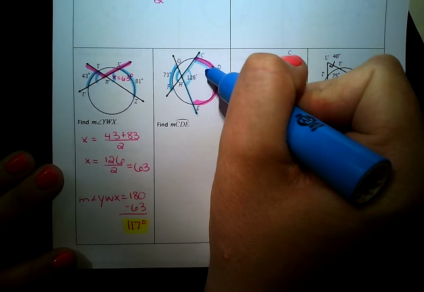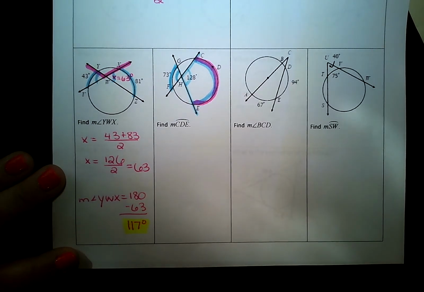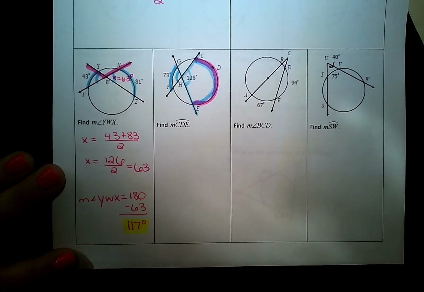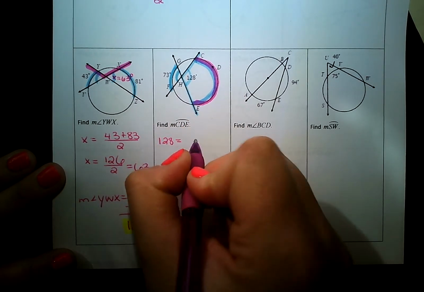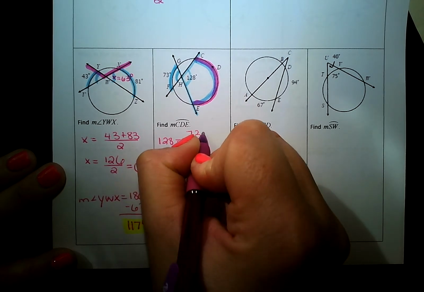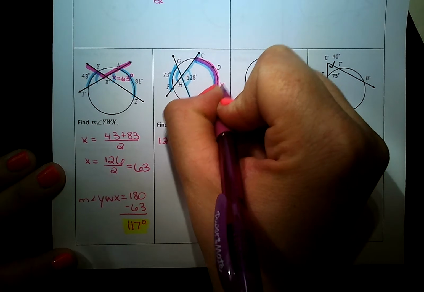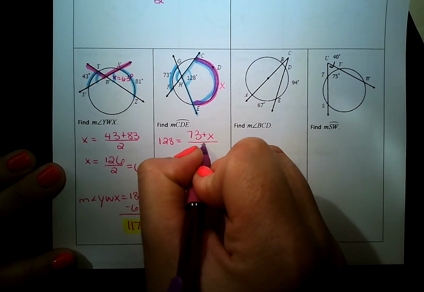So all the parts of what I need are highlighted in blue. Let's put together this formula. The angle that's 128 degrees is equal to the sum of the two arcs. Now I know one of the arcs is 73 degrees, and I'm trying to find the measure of the second arc, divided by 2.